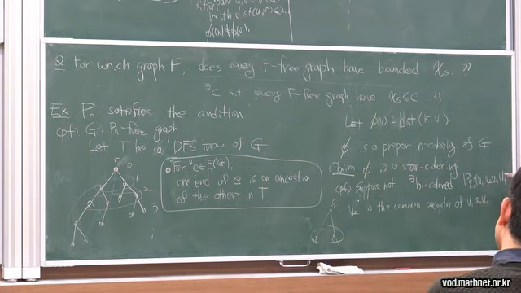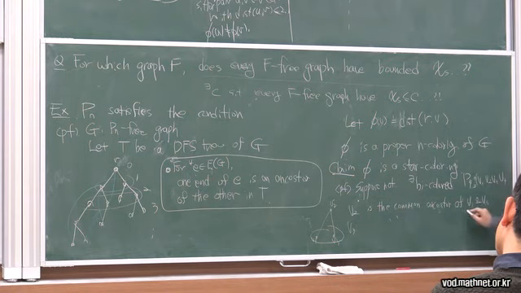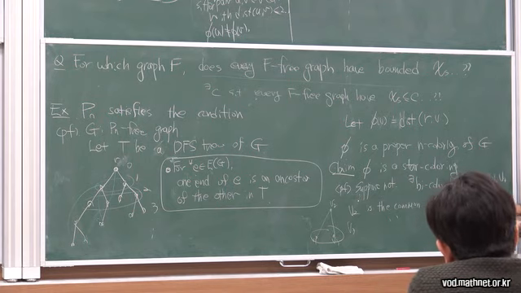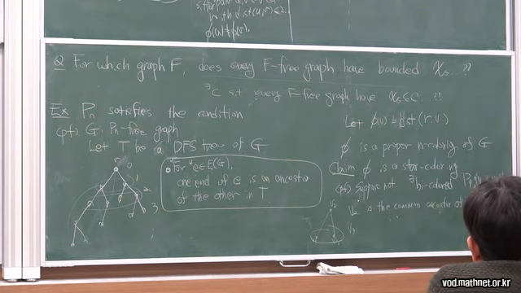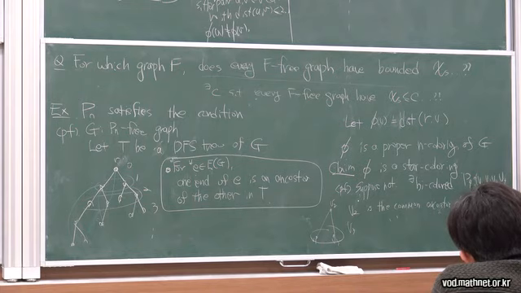And similarly, V3 is the common ancestor of V2 and V4. So this is a contradiction, because it means that the level of V2 is less than the level of V3, but it also implies that the level of V3 is less than the level of V2.